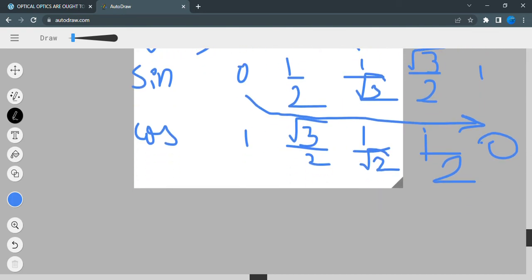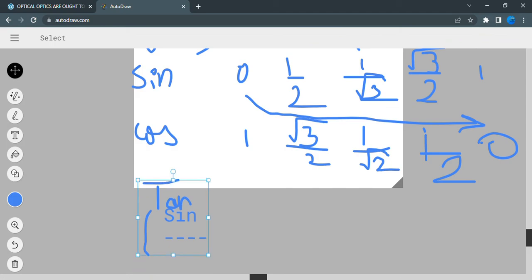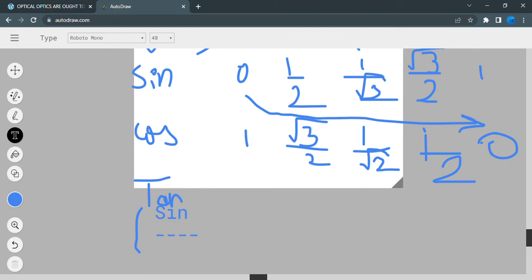Next, we have tan theta. Now, as I told before, tan is described as the ratio of sine and cos, sine upon cos.